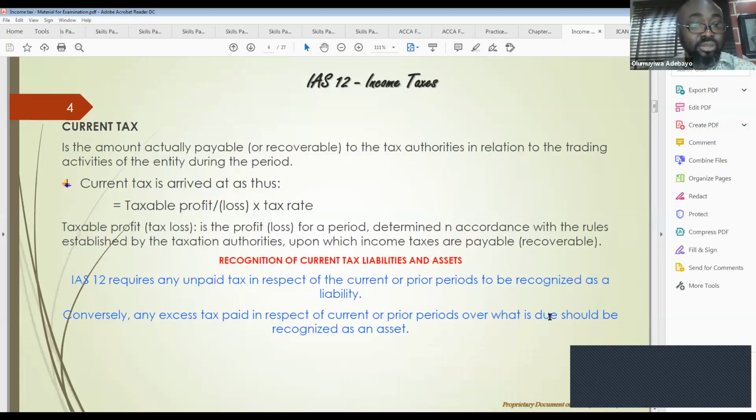Now, current tax is the amount actually payable or recoverable to the tax authority in relation to the trading activities of the entity during the period. And we have demonstrated the understanding of what constitutes a taxable profit. And taxable profit will always be determined with reference to the relevant tax laws, which we have demonstrated in that case.